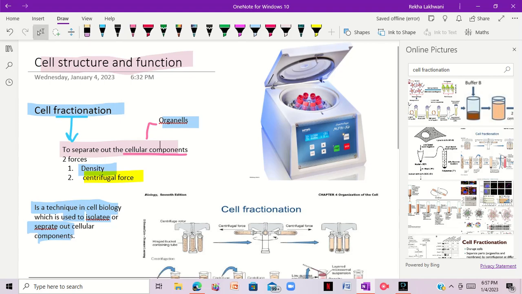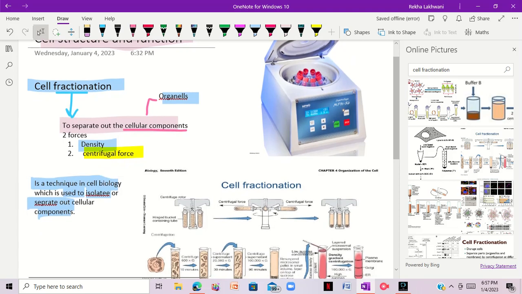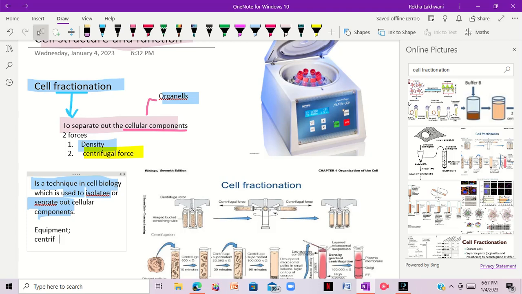The equipment which is used in this is known as centrifuge. Basically, centrifuge is a machine.